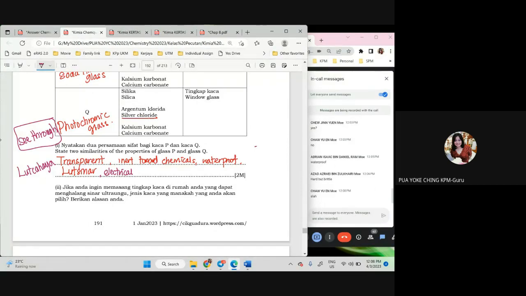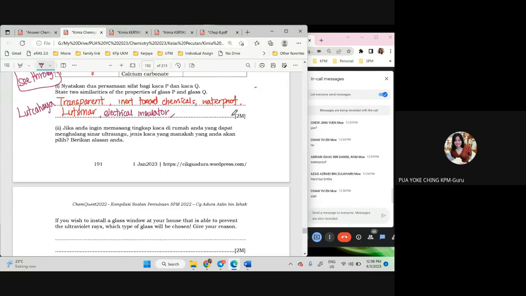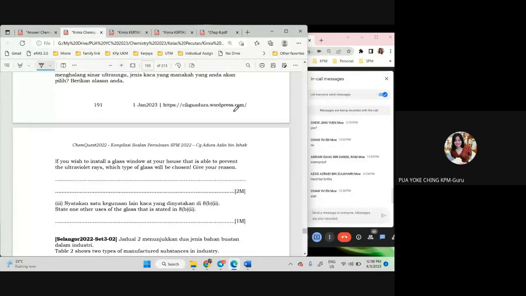Saya tak catat lah, but not acceptable. Okay, electrical insulator is correct. So a lot. Ada banyak. Tulislah yang simple-simple. Okay, tulislah transparent, waterproof, chemically inert, withstand high temperature. Yang senang.